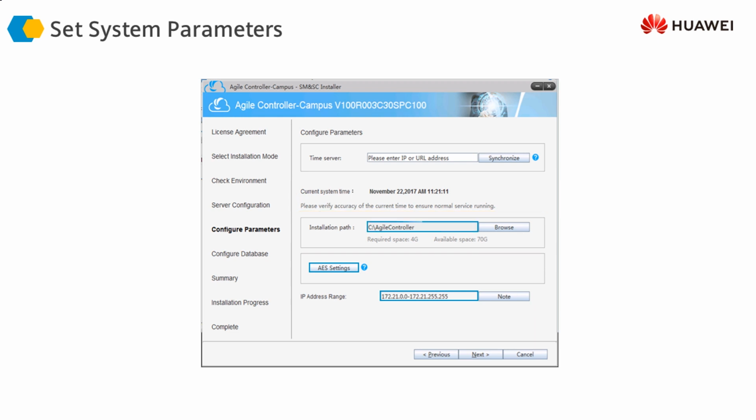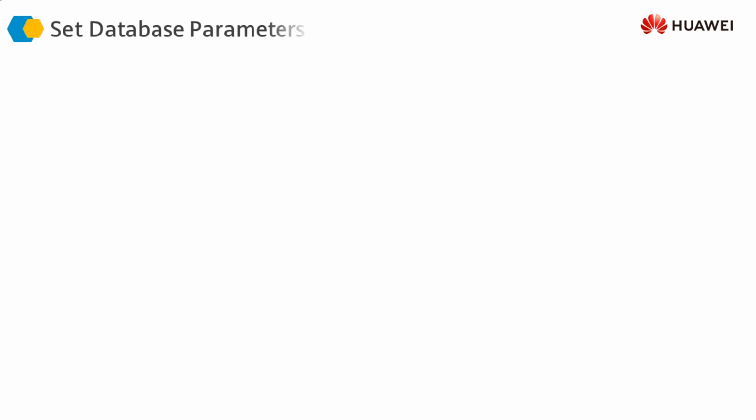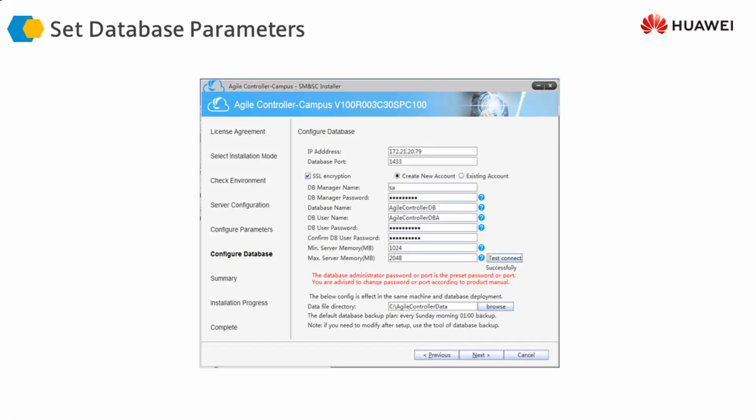So this is kind of an access list where we are defining the range of addresses which can access this server for configuration purposes. After this, we need to configure the SQL Server database parameters. Once again, the DB IP address, the DB port number, the different usernames and passwords which we can configure for the SQL Server database.